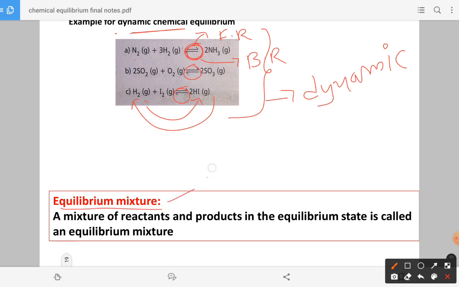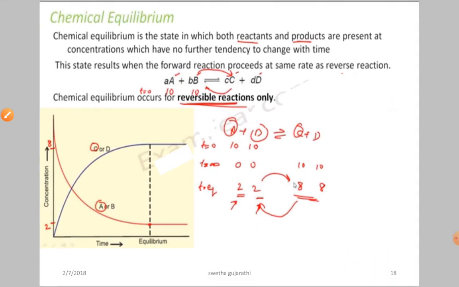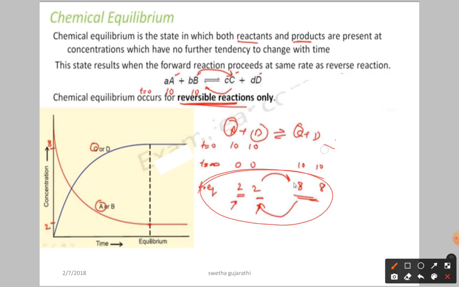Now we have the definition of equilibrium mixture. What is the meaning of equilibrium mixture? A mixture of reactants and products in the equilibrium state is called an equilibrium mixture. We already discussed this just now. If you go to the previous slide, this is the equilibrium mixture, not the initial, not the final.